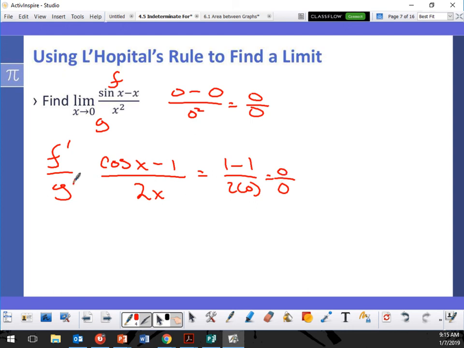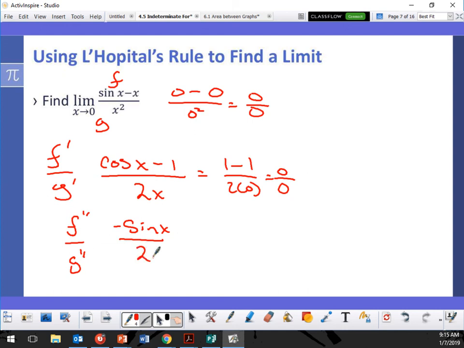So again, that is indeterminate form. So let's take the derivative again. So it's going to be f double prime. The derivative of cosine is negative sine. The derivative of negative 1 is just 0, so that goes away. And the derivative of 2x is just 2.